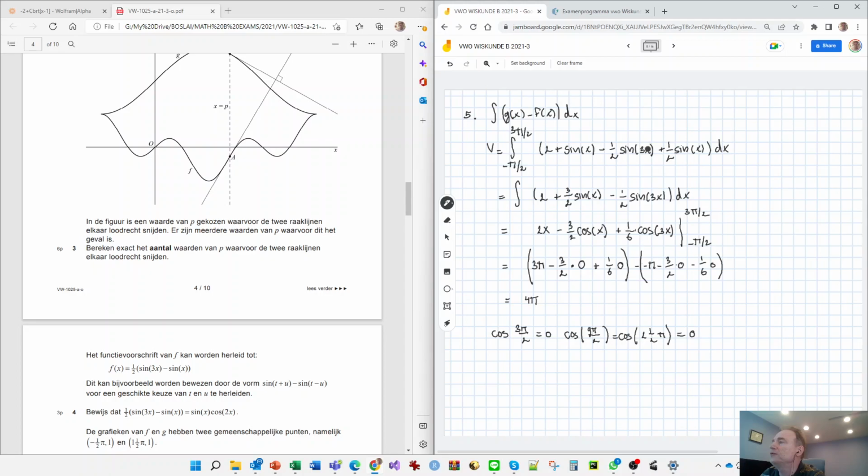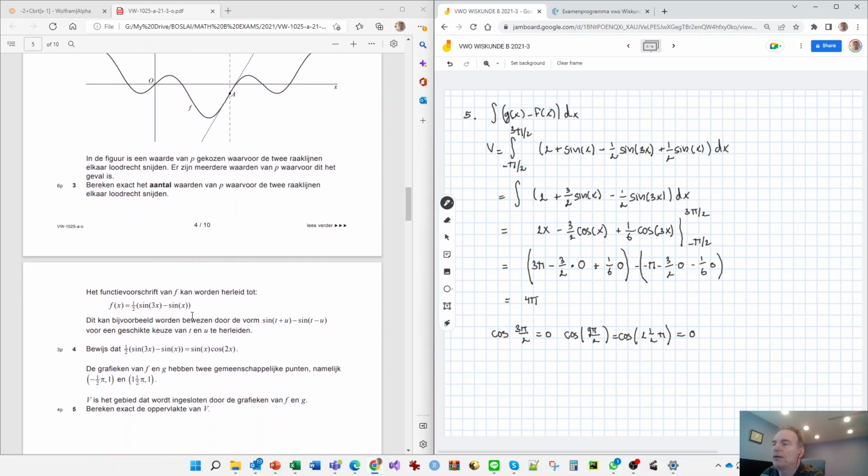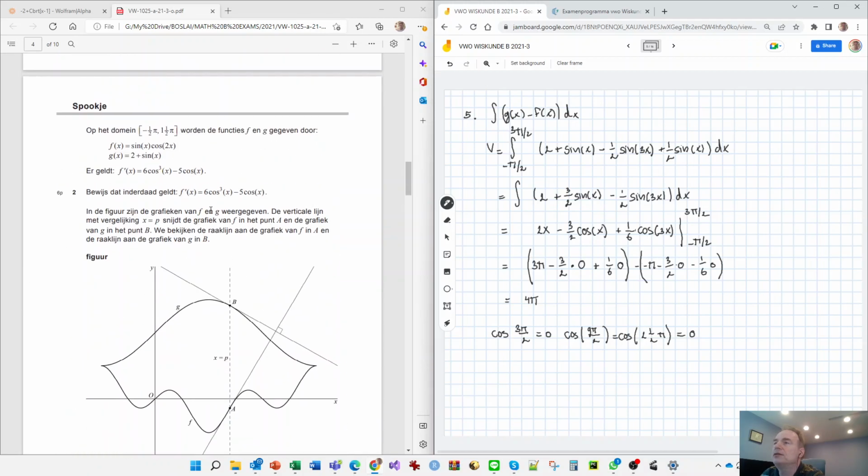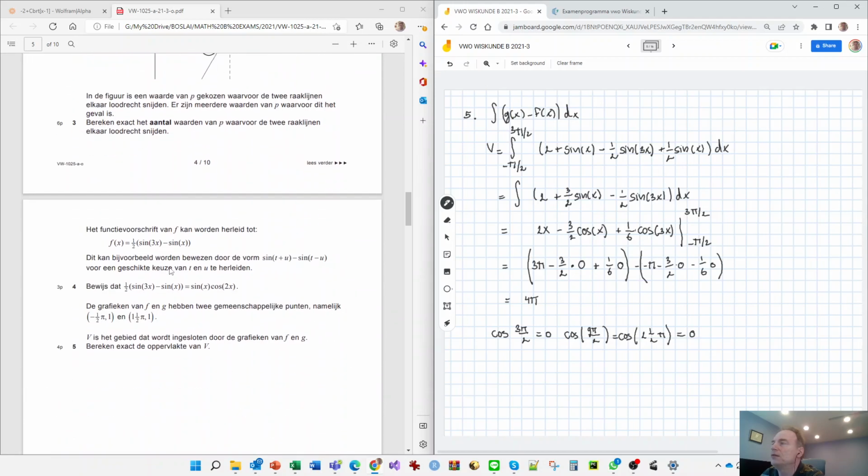Just substitute the functions, and I use that second expression of f here. You strictly don't need to do it, but finding a primitive of this might be a little bit more tricky, but it won't matter.